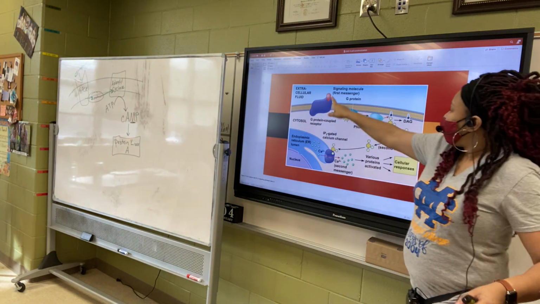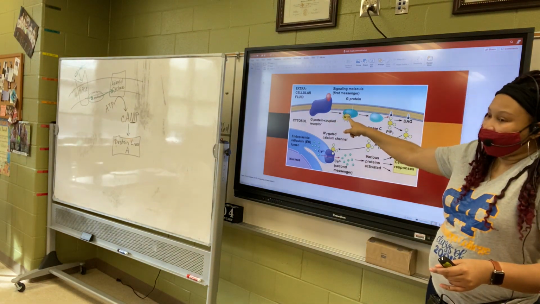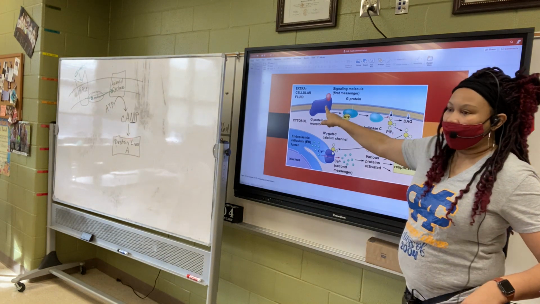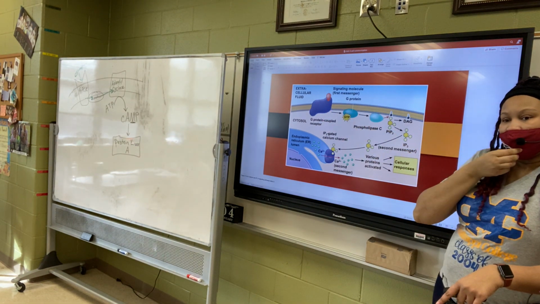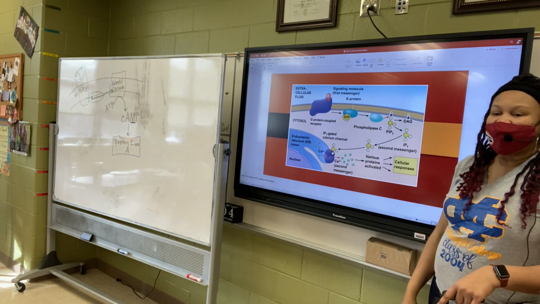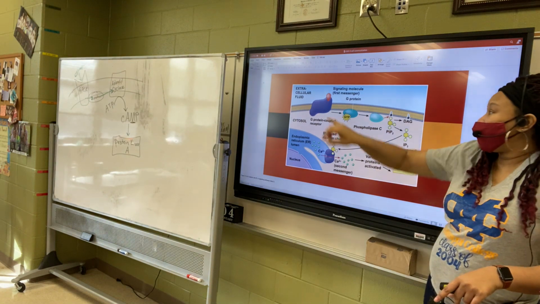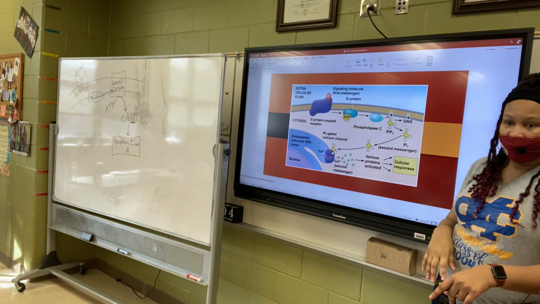Whatever this chemical signal is, it tells the G protein to activate phospholipase C. If it was epinephrine, it would tell the G protein to activate adenylyl cyclase. They can have both enzymes. It depends on the signal that binds, and then the G protein knows which enzyme to activate.